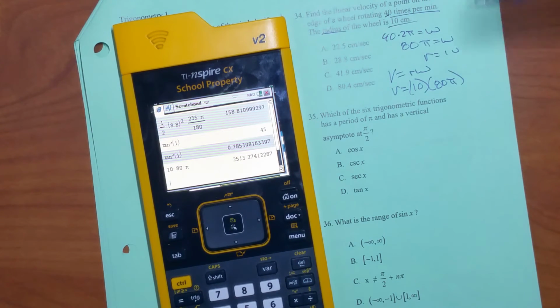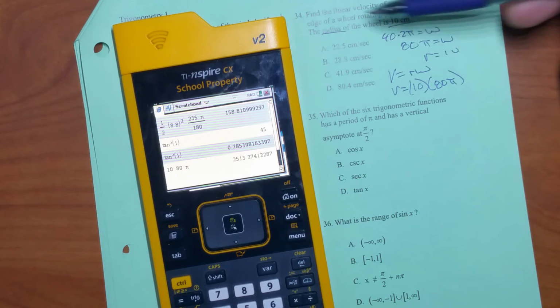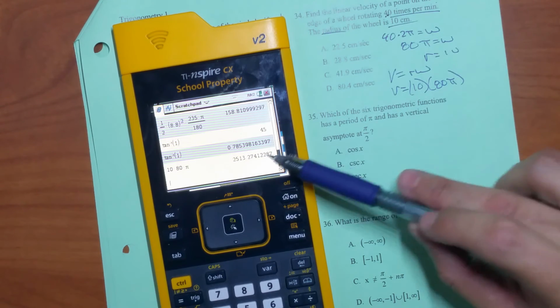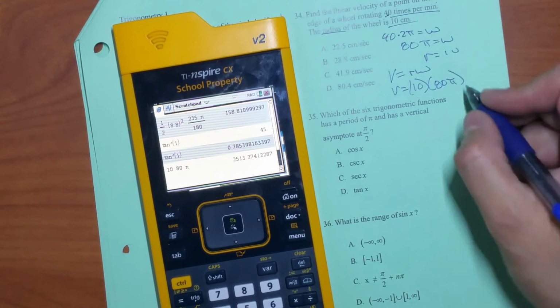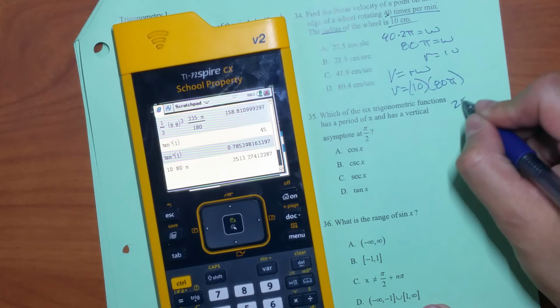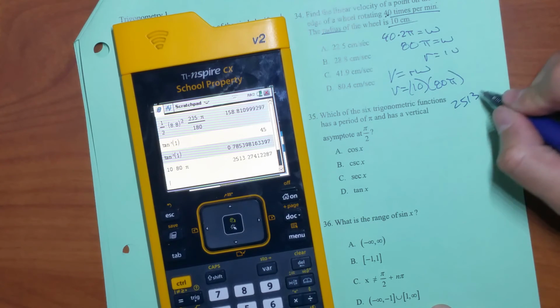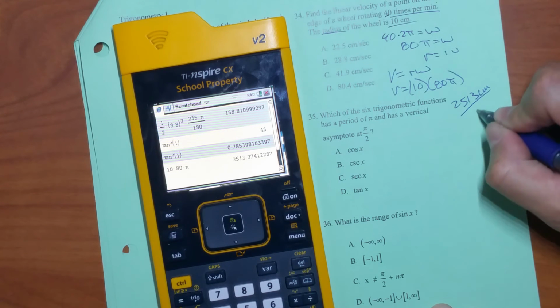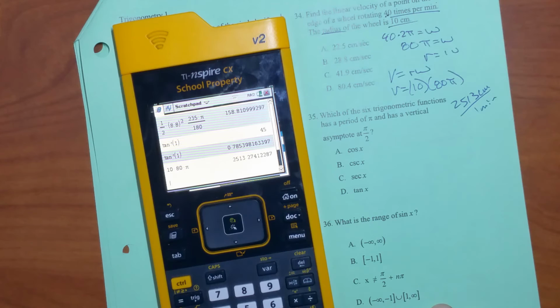All right, so for this one, because it says per minute in the time given to me, and I'm trying to find my answer in seconds, right? So it's going to be 2513 centimeters over 1 minute.